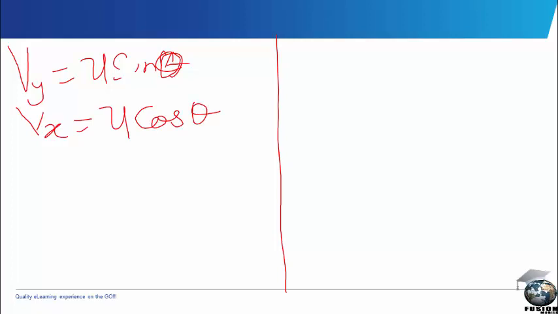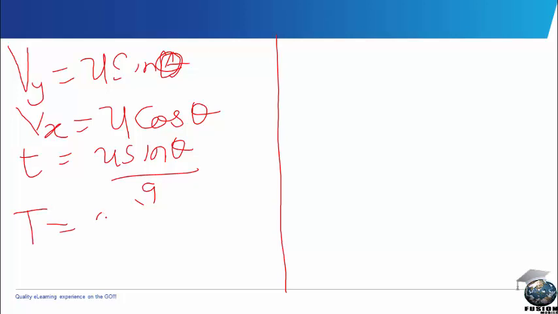Then we have the time of ascent, which is t equal to u sine theta all over g.